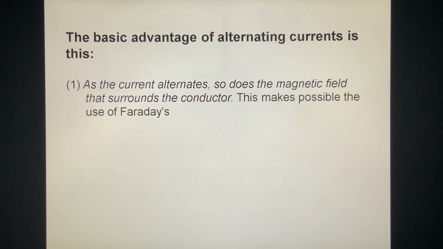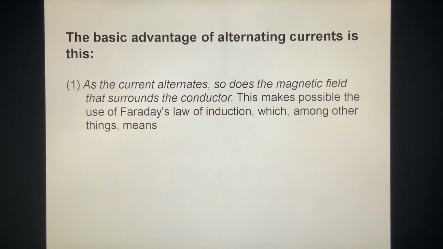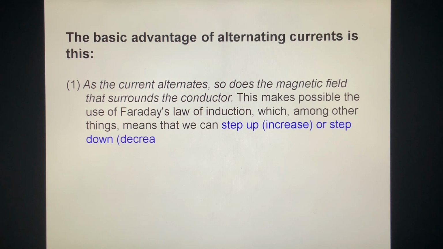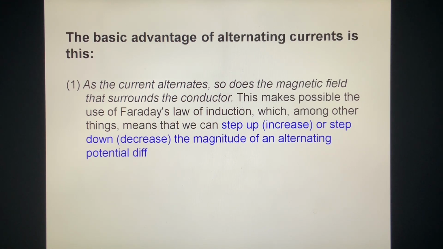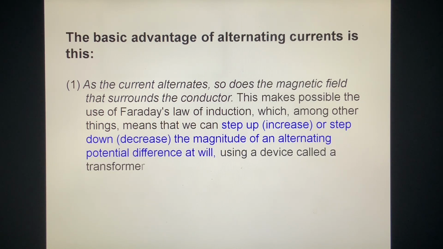This makes possible the use of Faraday's law of induction, which, among other things, means that we can step up (increase) or step down (decrease) the magnitude of an alternating potential difference at will, using a device called a transformer, as you will see later in this chapter.